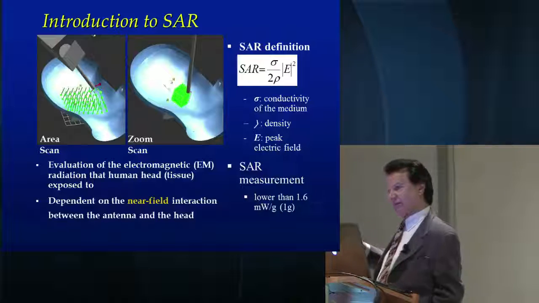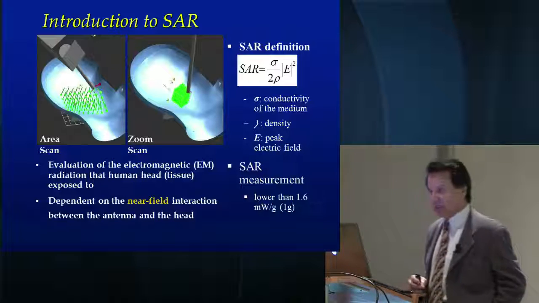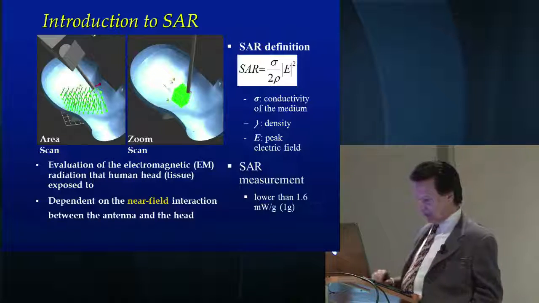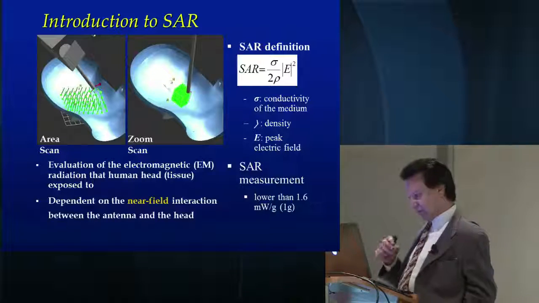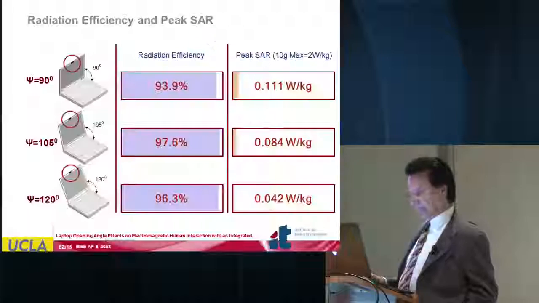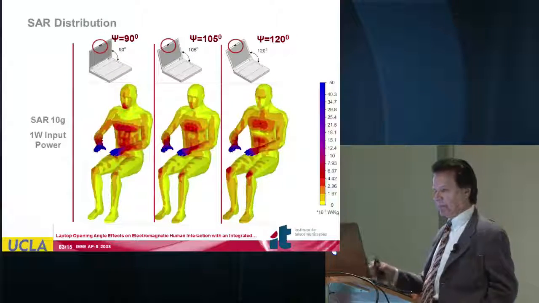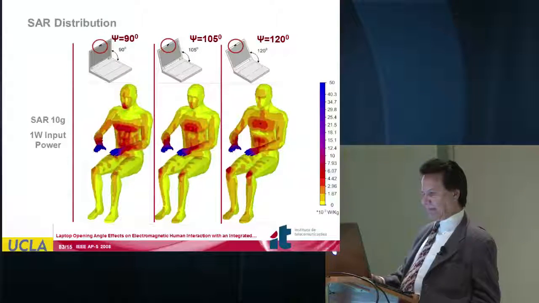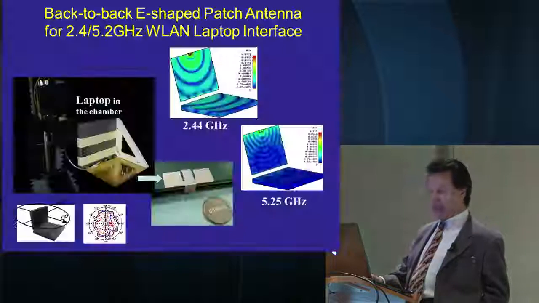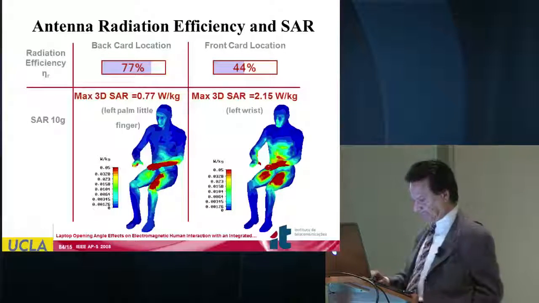There are a lot of debates. Europeans are, in particular, a lot more concerned than we are in the US, but this debate is going on probably for a long time before finally we come to some more critical conclusion about the health effect. So for example, if you look at this example, you are able to identify the SAR at different locations and so forth.